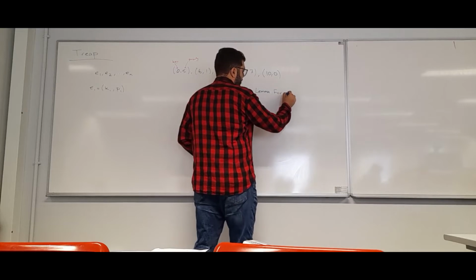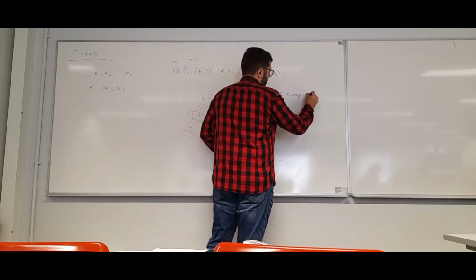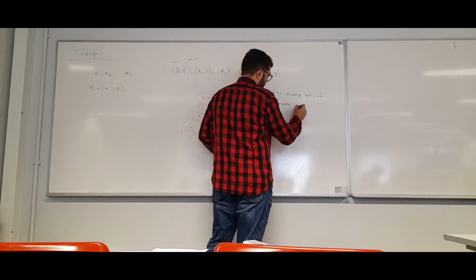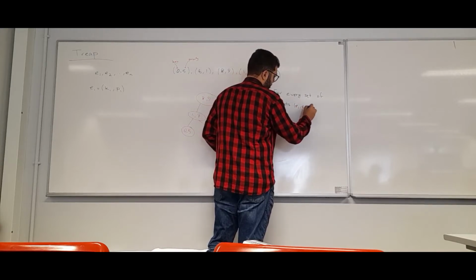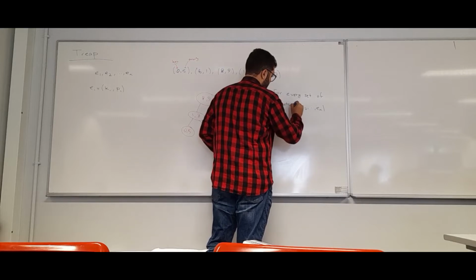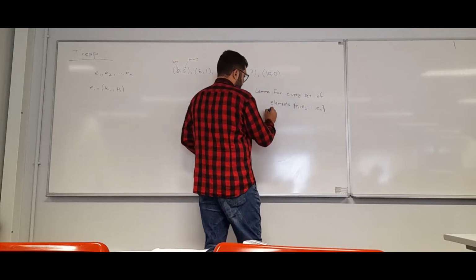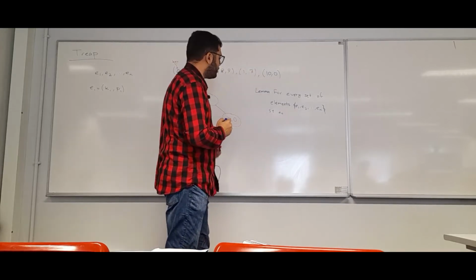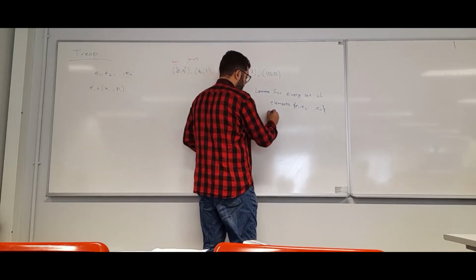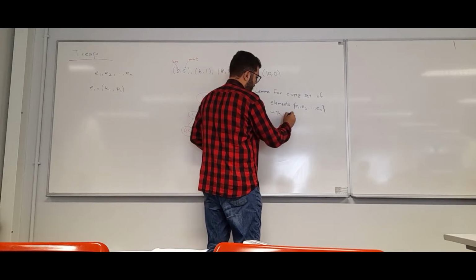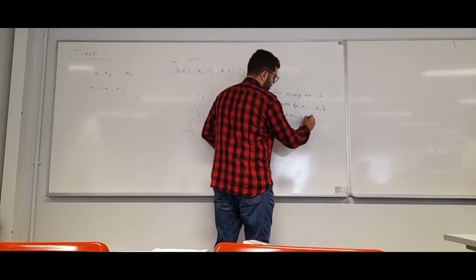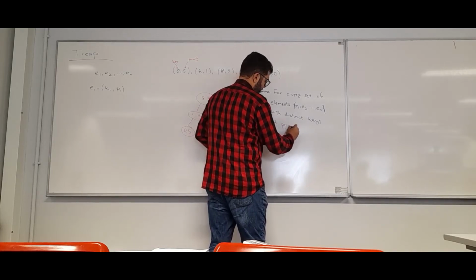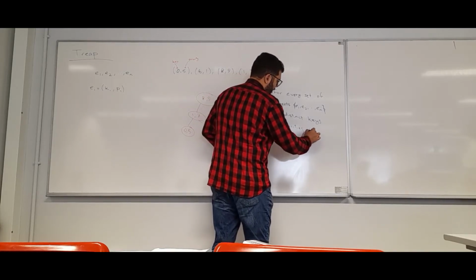And the lemma is that for every set of elements, let's call it E1, E2 to En, such that no two elements have the same priority and no two elements have the same keys. So distinct keys and priorities. There is a unique tree.